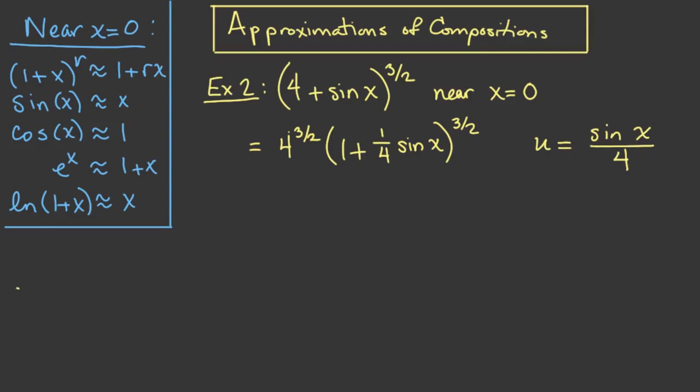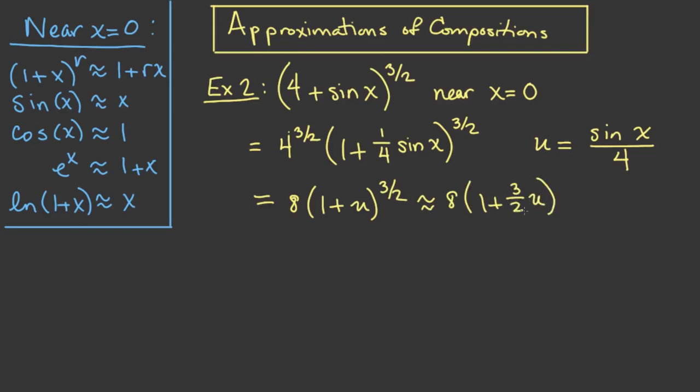so we can apply a basic approximation here. So (4 plus sine x) to the 3/2 is equal to 8 times (1 plus u) to the 3/2, which is approximately equal to 8 times the quantity 1 plus 3/2 u.